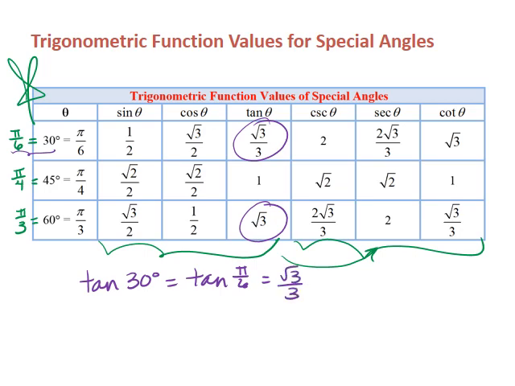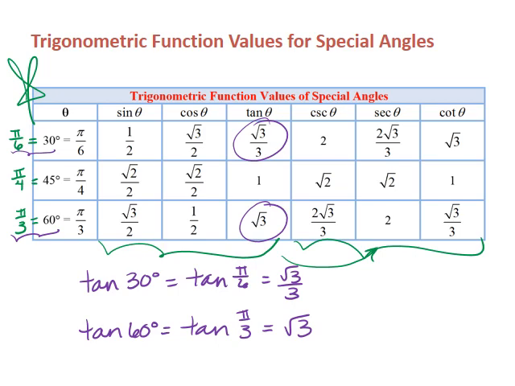Just memorize it. On the other hand, tangent of 60 degrees is the same thing as tangent of pi over 3. We talked about 60 degrees and pi over 3 right here. This is equivalent to the square root of 3. Now, both of these involve some form of square root of 3.